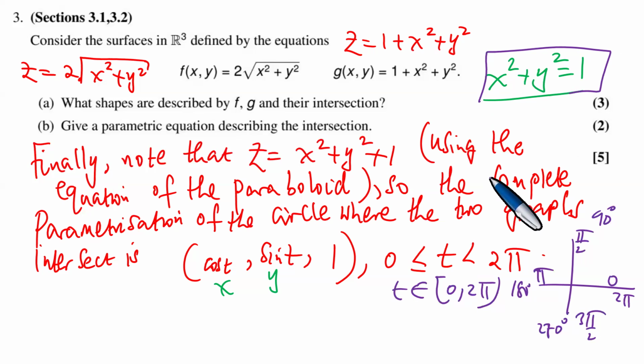My question is, because it's a circle, sometimes you could get a circle like 2x squared plus 2y squared equals 1. Can you put the same numbers here? Yes, you can put the same numbers.